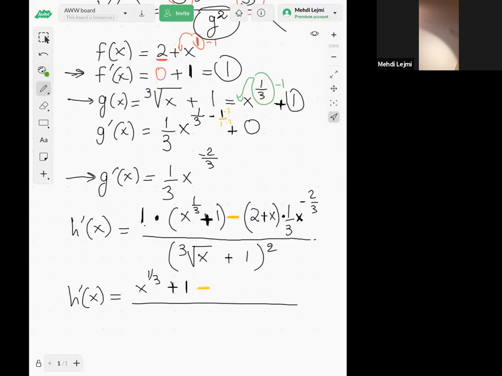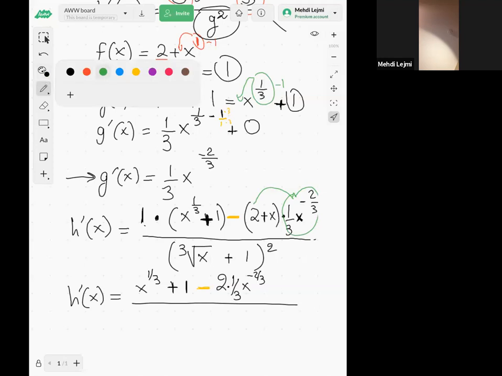We multiply the 2 by this whole thing, so it's 2 times 1/3 times x to the power negative 2/3. And if you distribute the sign here, guys, minus a plus will be a minus.